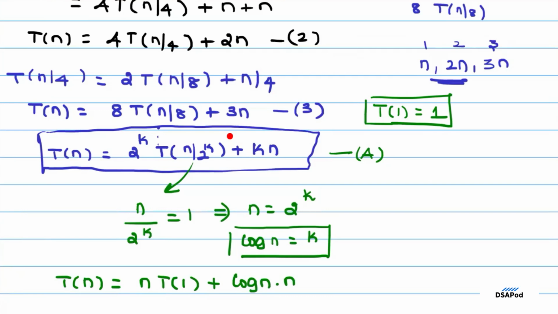So T of 1 is 1, that is the initial condition. So this is given as n plus n log n.